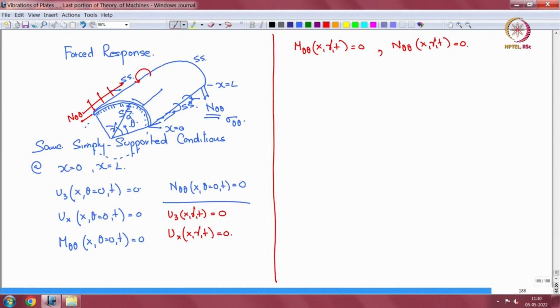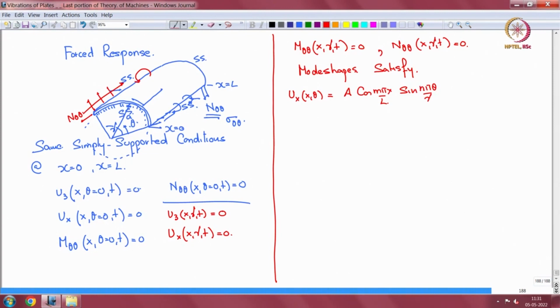Now, what mode shapes satisfy these conditions? They are ux at x comma theta is a cos m pi x by L sin n pi theta by gamma.